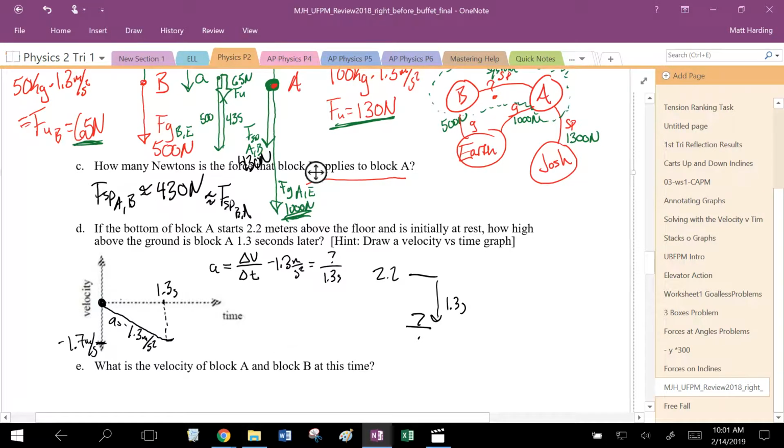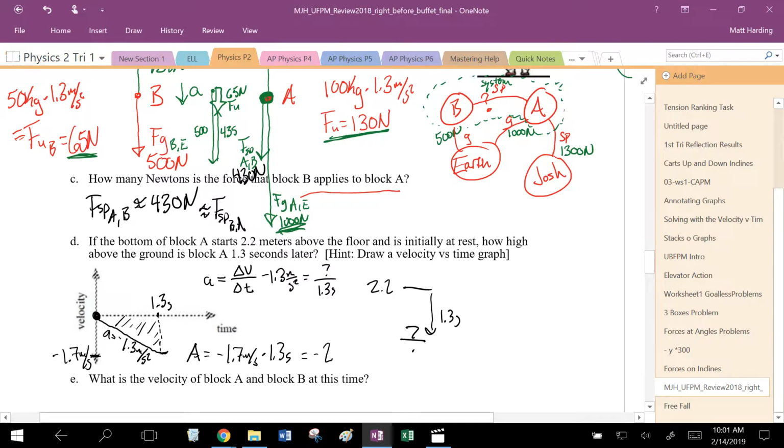And then I can figure out this area here, which equals negative 1.7 meters per second times 1.3 seconds. I get negative 2.21 meters there.